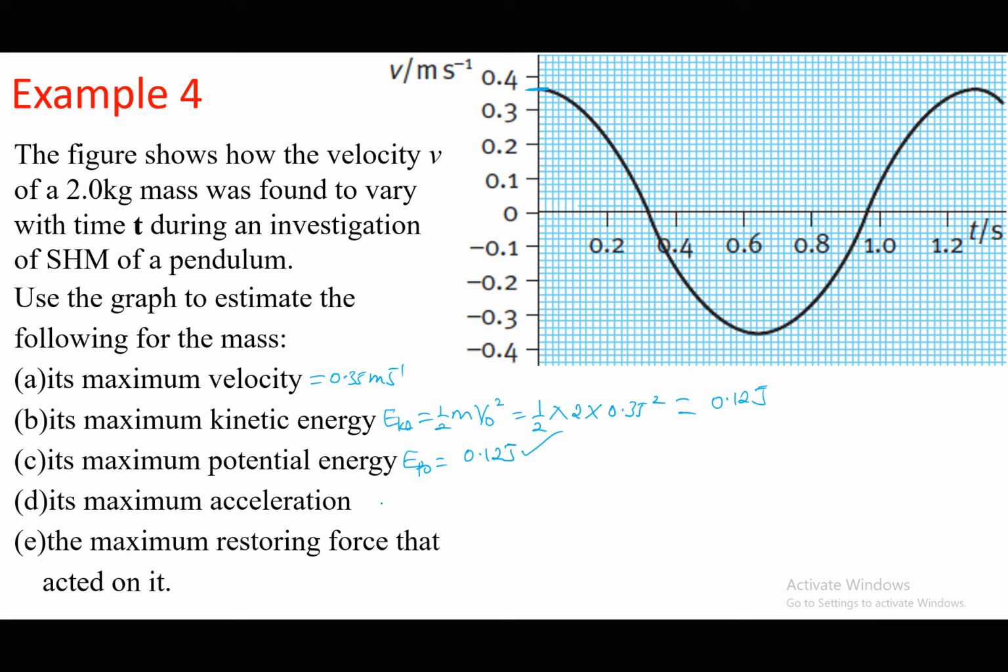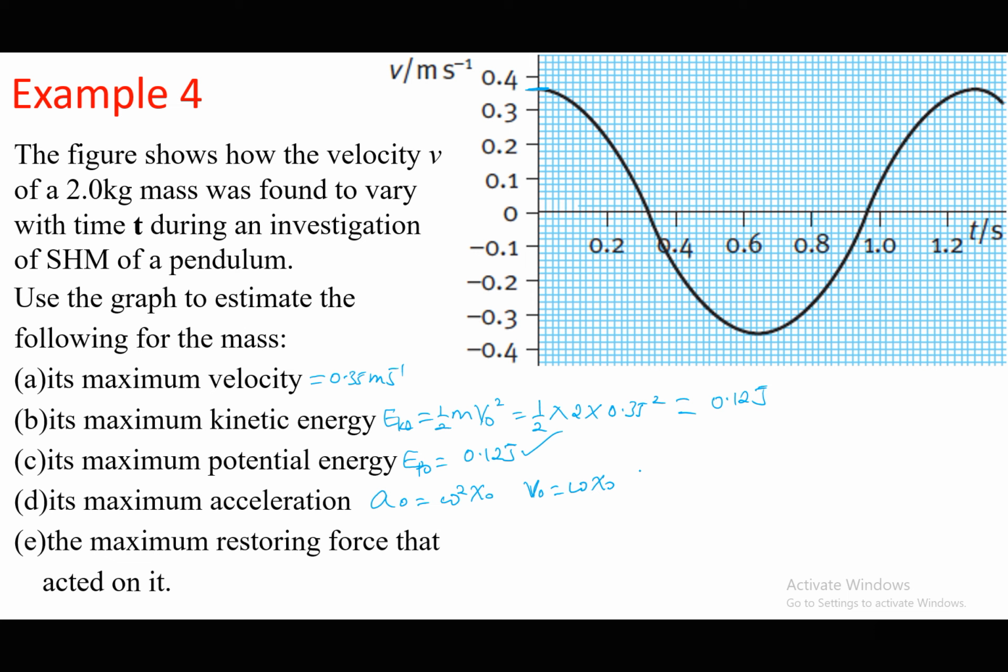Its maximum acceleration. Remember, acceleration is maximum when the displacement is maximum. So maximum acceleration is given by omega squared x naught. And remember, maximum velocity is also given by omega times x naught.